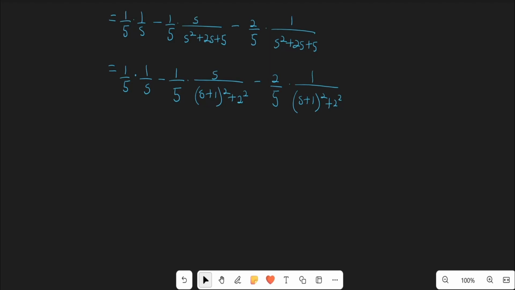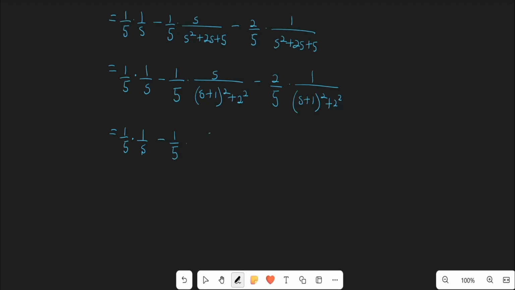Here I have s on top and I have s plus 1 at the bottom. This looks like an exponential function multiplied by cosine of something. So I have to get s plus 1 on top as well. For me to get s plus 1 on top, I have to add 1, but I have to take it away by subtracting 1 again. So this is 1 over 5 multiplied by 1 over s minus 1 over 5.